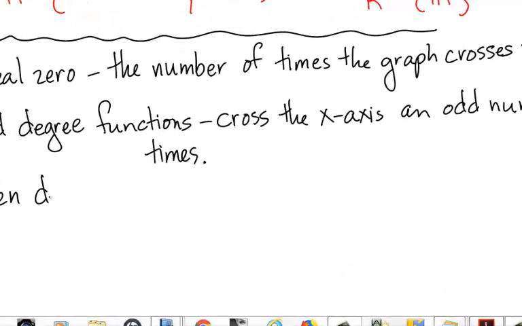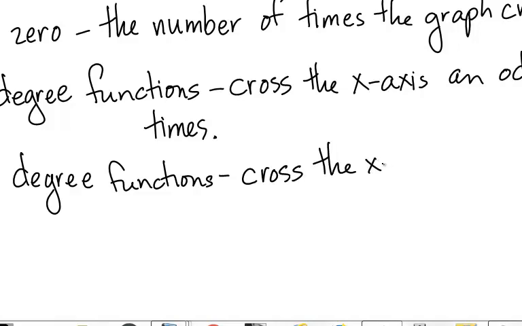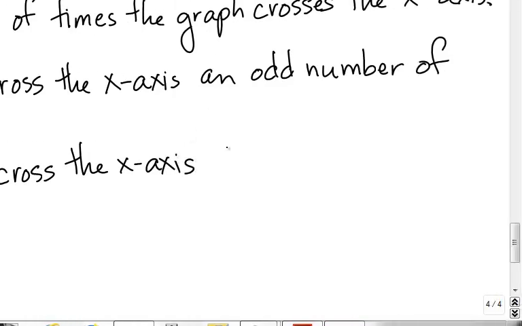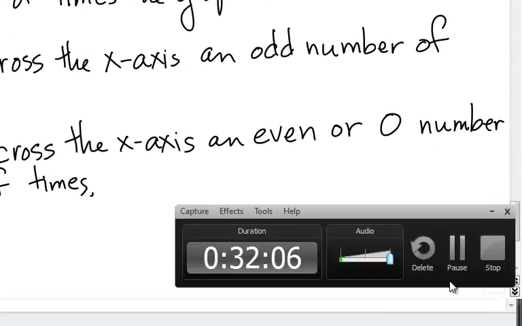Even degree functions cross the x-axis, now there's an exception on this, an even or 0 number of times, because we had parabolas that did not cross, right? Drew them above the x-axis. Good. Okay, so that's it for that section. That's a bunch.